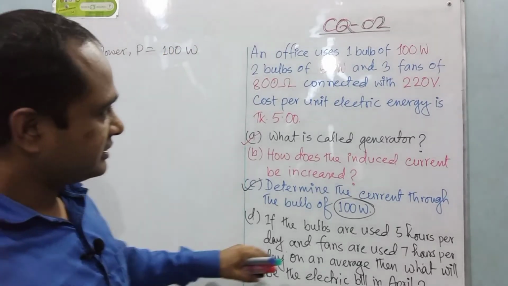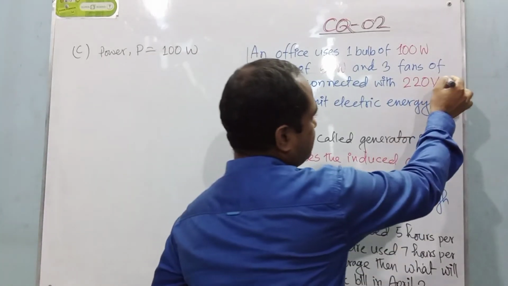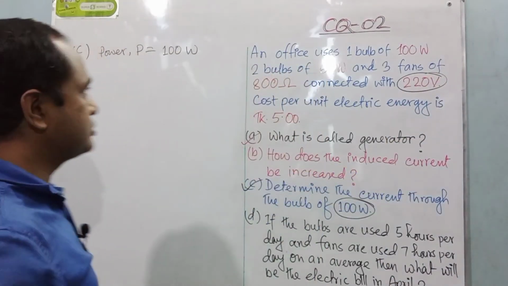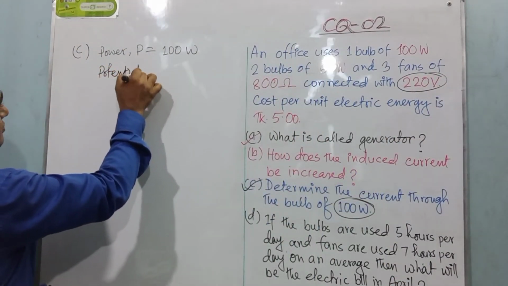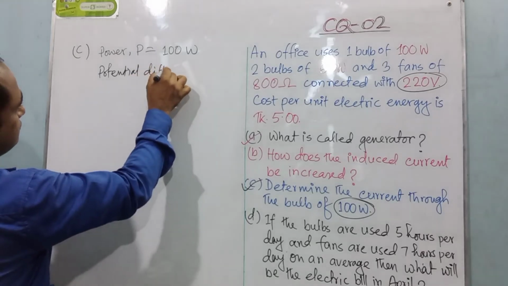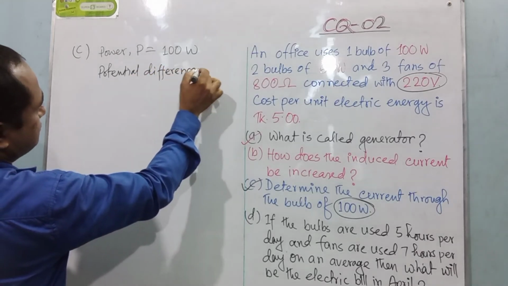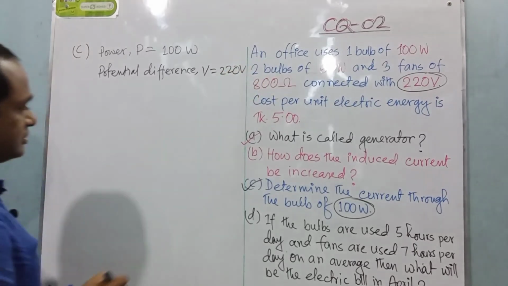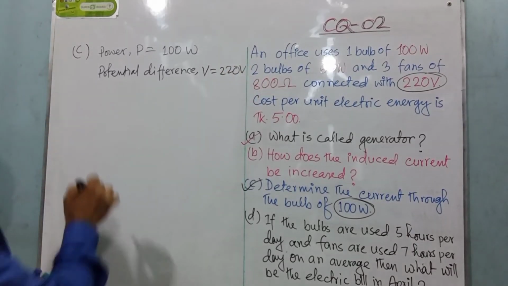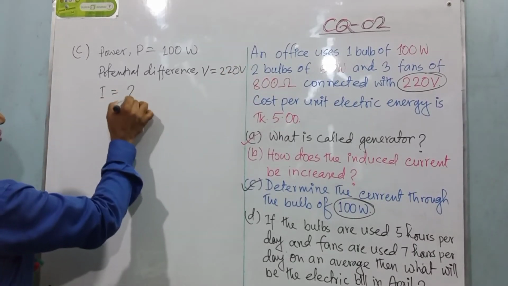And the bulb is connected with a source of 220 volt. That is, potential difference V is equal to 220 volt. We have to calculate the electric current. Current I is equal to what?